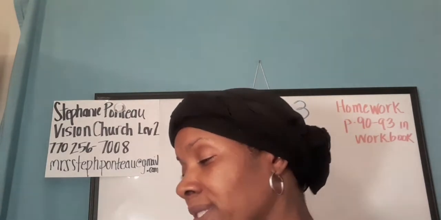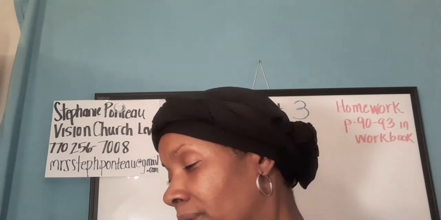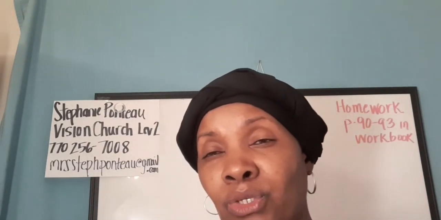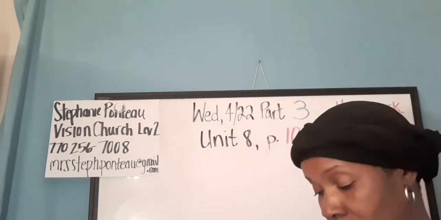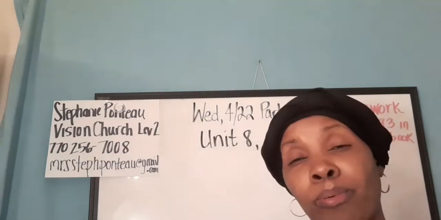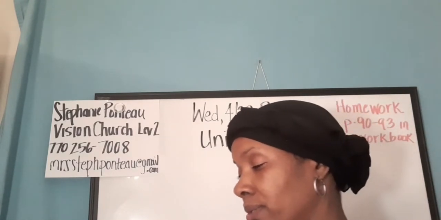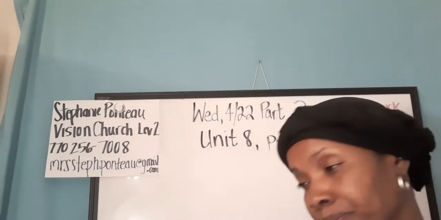Just like they did up here in the grammar chart on page 100 at the top, they took those 2 sentences and combined them, and they used either and, but, or. So that's what we're going to do with these. It's just more practice for us. But don't forget to watch that grammar chart. It's really good.